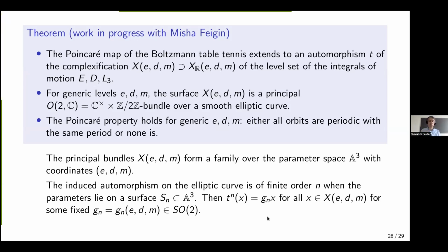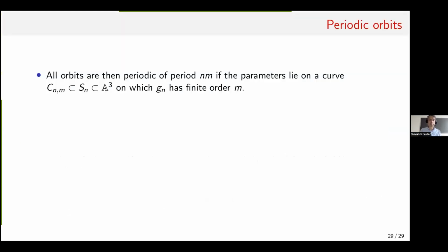Now you have a second condition, asking for this element to be the identity. On these surfaces Sn, you have some curves where this Gn is of finite order more generally. Then all orbits are periodic of period n times m if the parameters lie on a curve Cnm of the parameter space, on which Gn has finite order m.